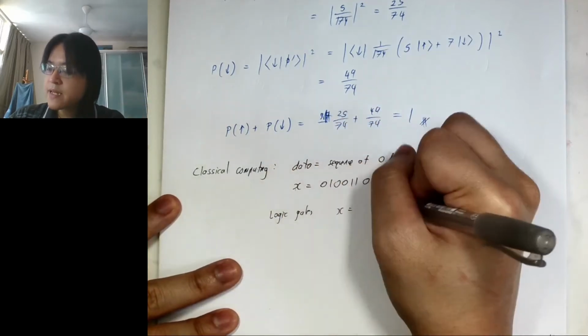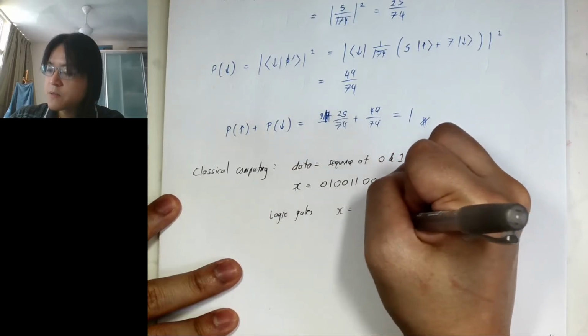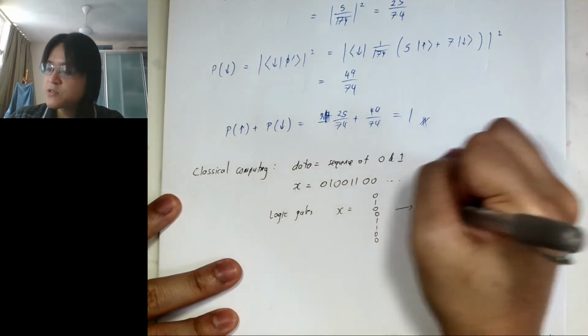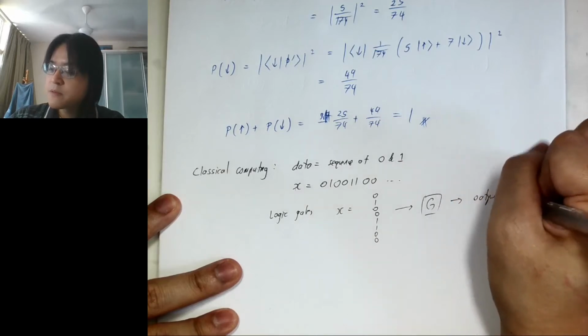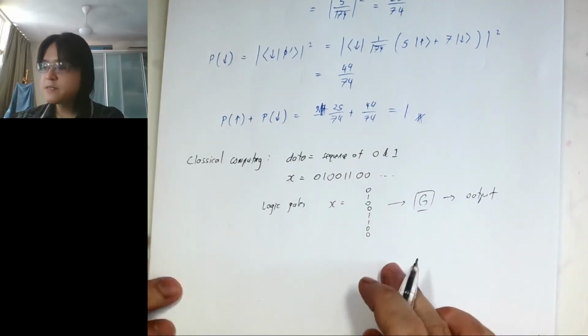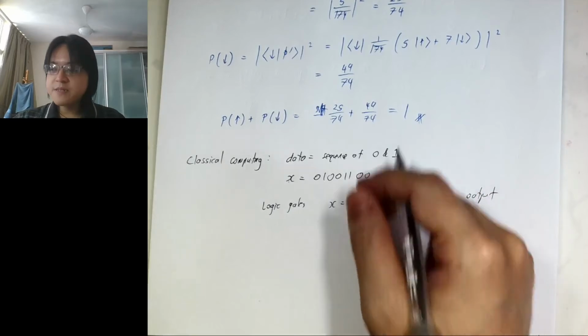So your x is like 0 1 0 0 1 1 0 0, and then it passes through some logic gates, and then you get the output. So that is classical computing using 0 and 1.